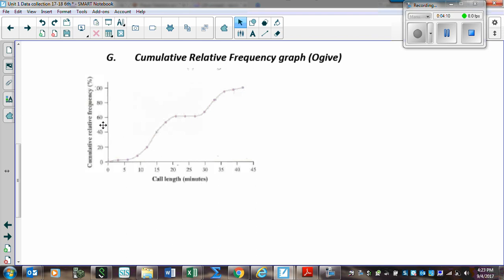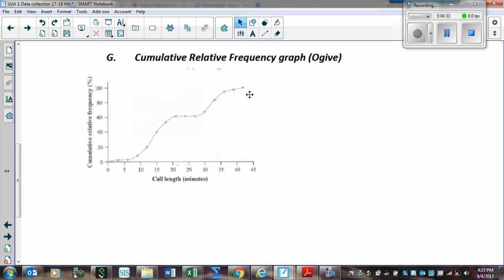So that difference between 40% and 20% means that about 20% of all of the calls coming in lasted between 12 and 15 minutes. And so it looks like very few were happening here in that 21 to 27 minute range, and then it started getting steep again, and then not many more than like 39 minutes. So that's called an ogive.